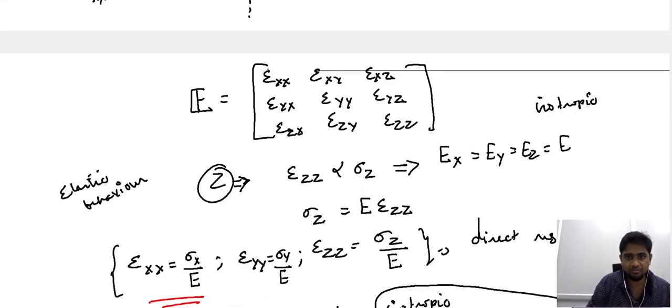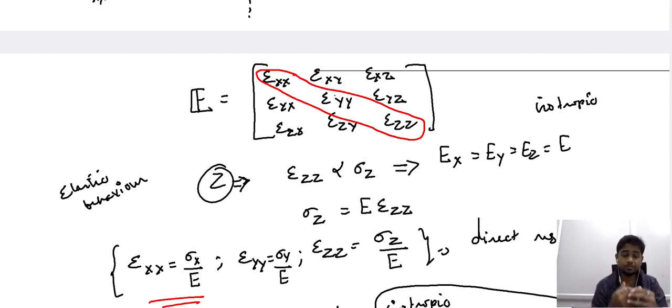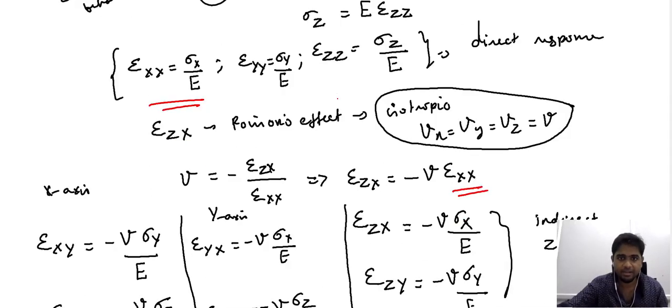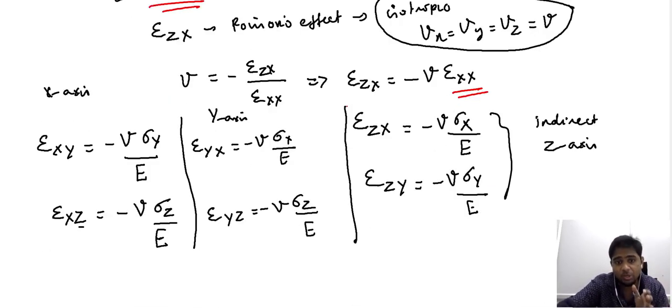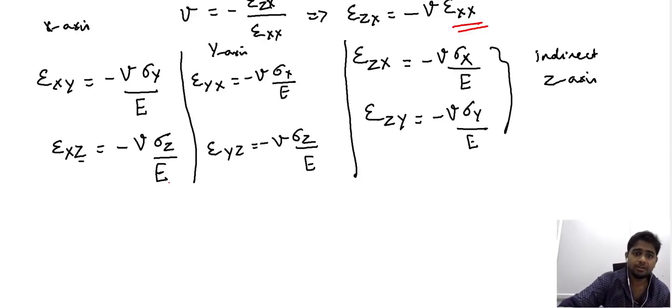This is how we have represented the overall response, and as you can see, the diagonal entities indicate the direct responses, and the non-diagonal elements indicate the indirect responses induced by the Poisson's effect. For all the 9 different components of the stresses, we were able to arrive at a corresponding formulation. Now let us try to find out what happens under triaxial loading.